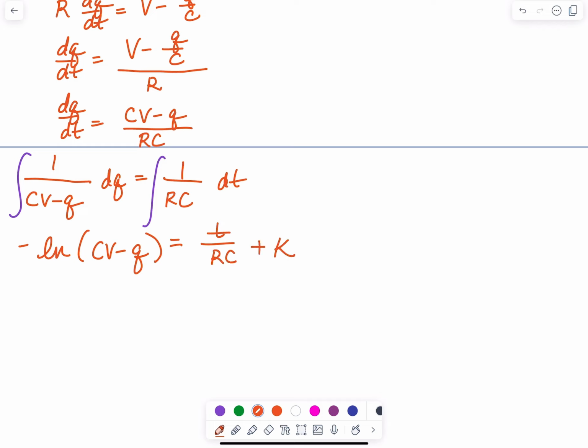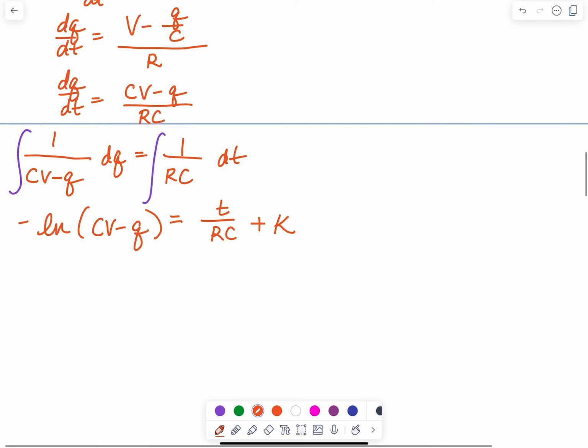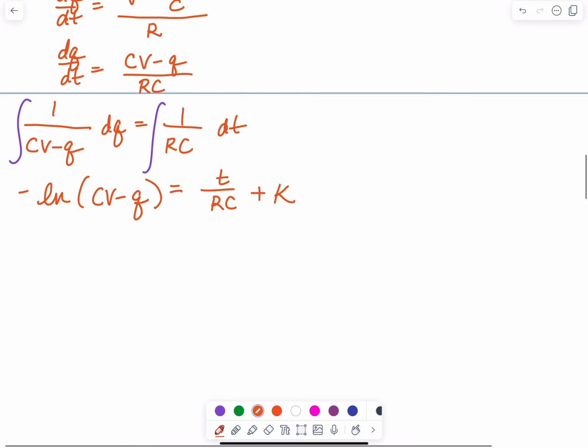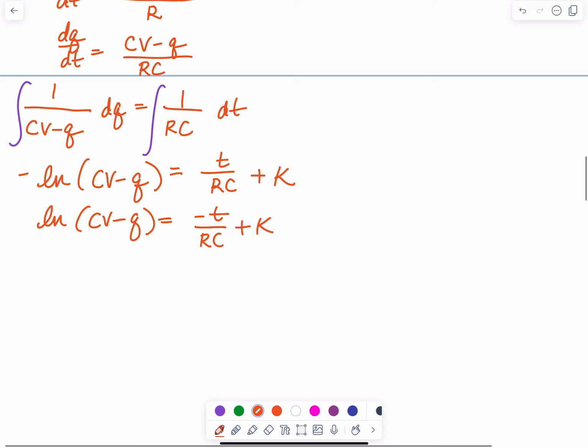plus a constant. And we'll go ahead and use K since we've already used C in our equation. And so now let's go ahead and multiply both sides by a negative. And that's still a constant. And then we have CV minus Q is equal to that constant times e to the negative t over RC.